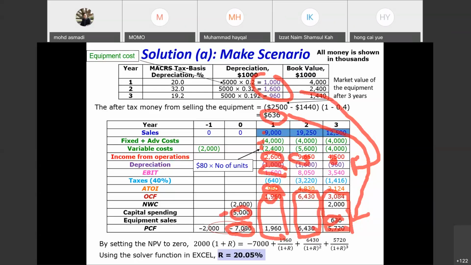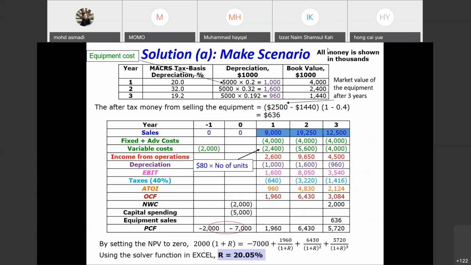Previously negative 5,000, meaning that we have to inject about 9 million for the investment. And then what we have to do is calculate the IRR. IRR, we look at here, that we set 0 and we get R equal to 20.05%. So this is for make scenario.